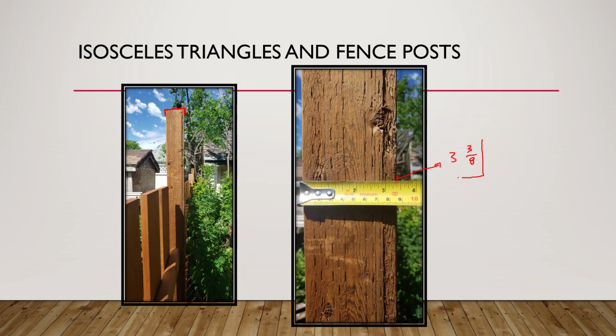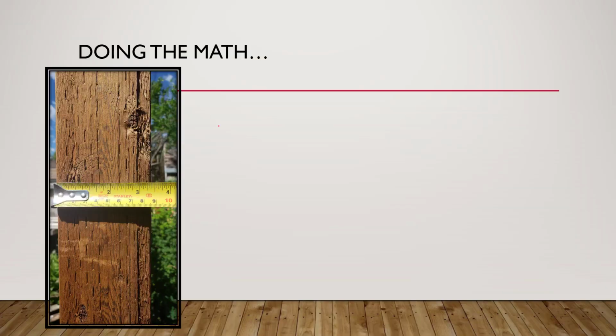And we can basically do one of those isosceles triangle problems that you encounter in the workbook to figure out what angle I'm able to cut these posts at to make a nice pyramid shape that will shed the rain better. We have here a base length of 3 3/8.